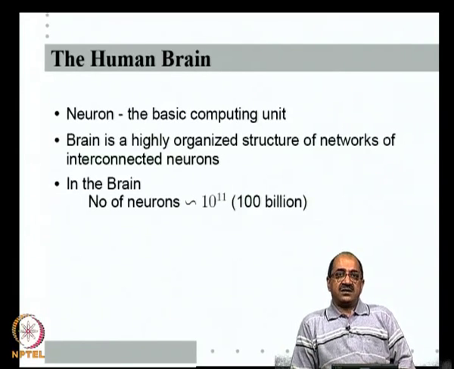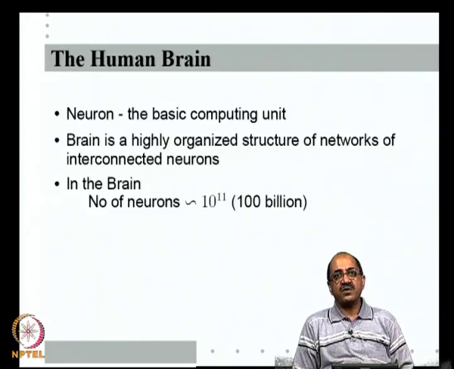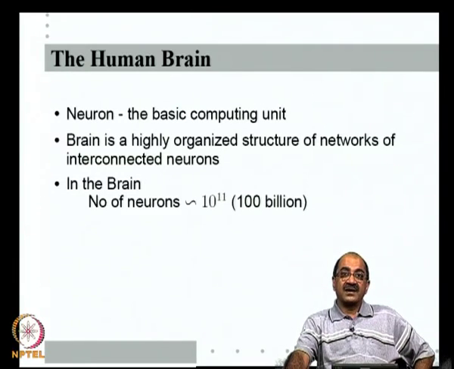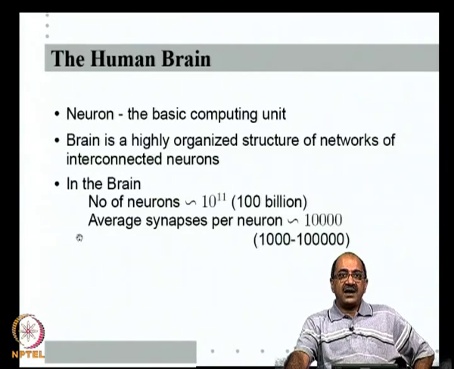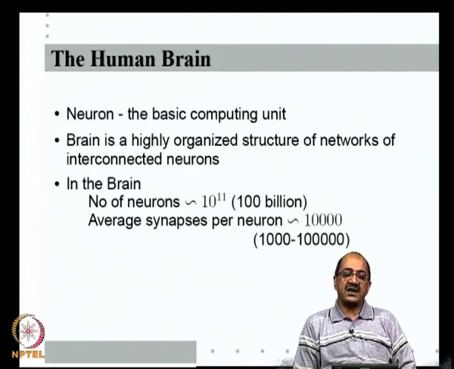Now, the real complexity is in numbers. In the human brain, there are of the order of about 10 power 11 neurons, that is about 100 billion. Most of these estimates are give or take a power of 10 roughly. On the average, there are about 10,000 synapses per neuron, at a low of 1000 to a high of 100,000.